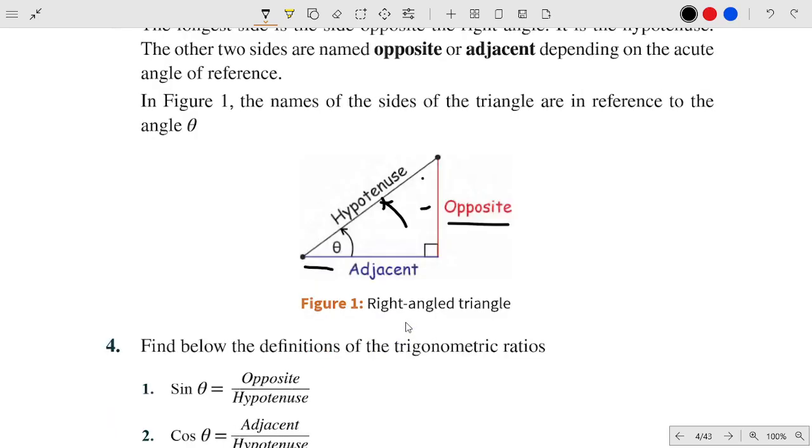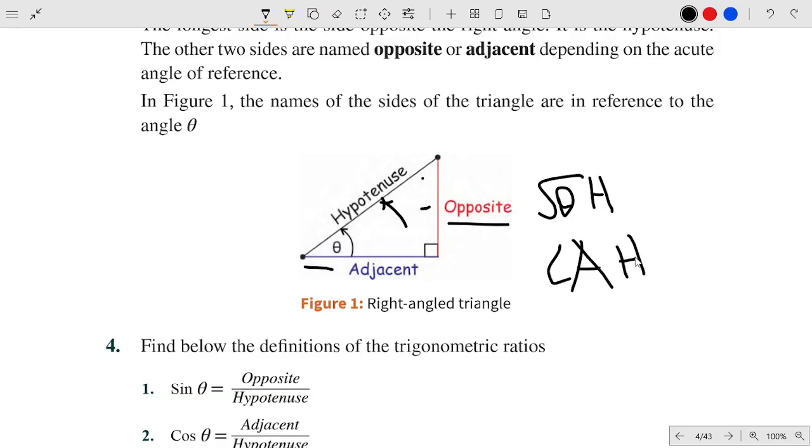Now we are going to look at the ratios. The sine of this angle will be equal to opposite on the hypotenuse. Basically we use SOH CAH TOA, which can help us to easily get them.